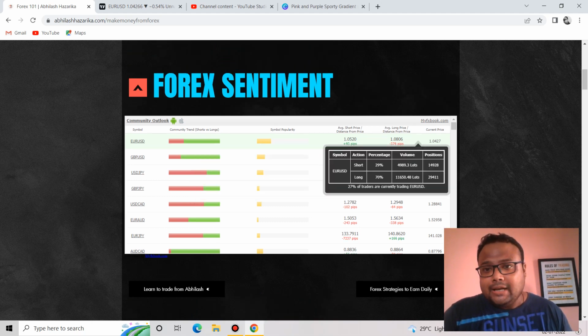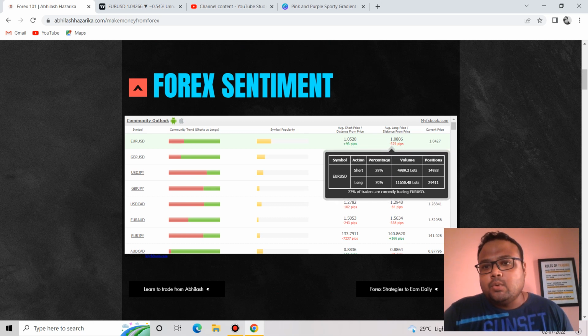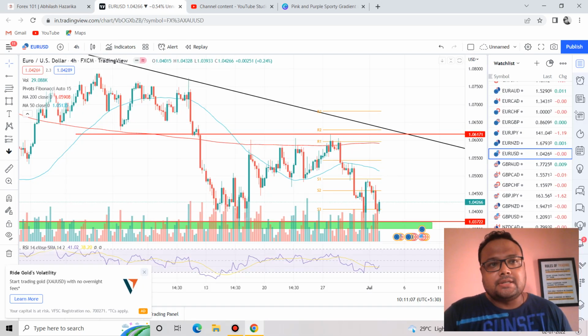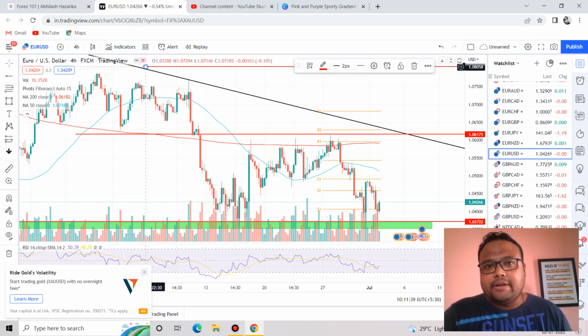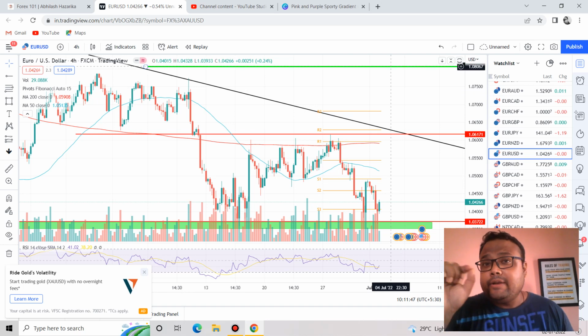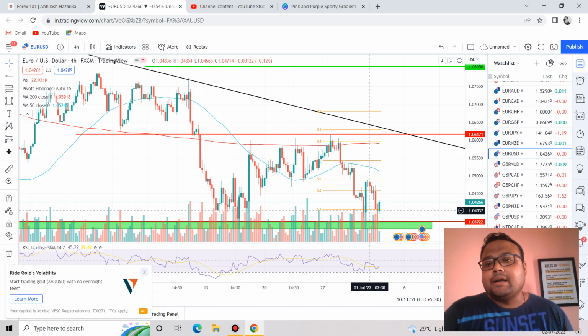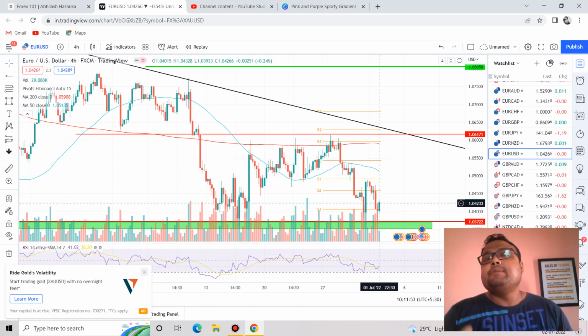And shockingly, the average buy position is 1.0806. It means that most retail traders have taken a buy position around this level, the fat green line, and right now you can see that the market is trading here. This is the main reason why I always say you should focus on protecting your hard-earned money and follow risk management.